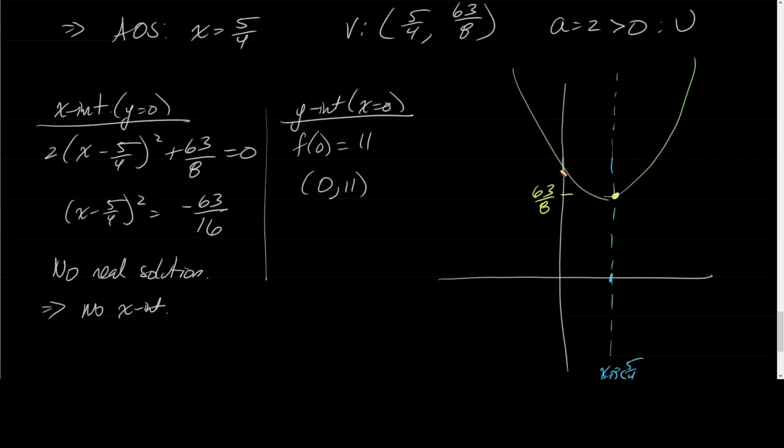Now this point right here is our y-intercept, which is the point 0, 11. So that's at the height of 11, all right? And there we go. Now we graphed that. And I guess I'll label this point our vertex, which was 5/4, 63/8. And yeah, so that's two examples of quadratic functions that open up different ways.